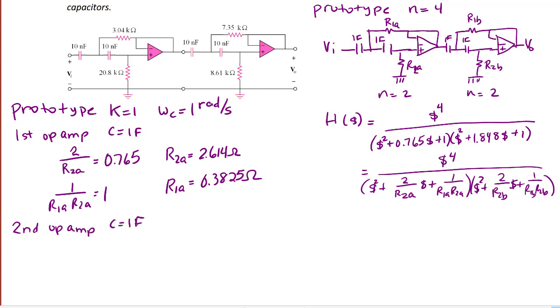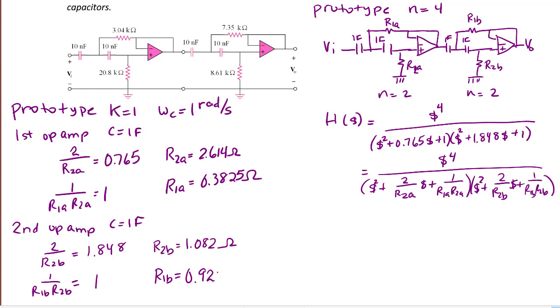So 2 over R2B is equal to 1.848, and R2B is equal to 1.082 ohms, and 1 over R1B R2B is equal to 1, so R1B is equal to 0.924 ohms.